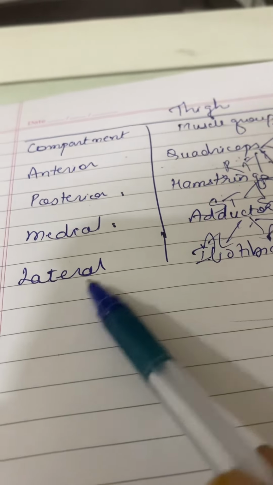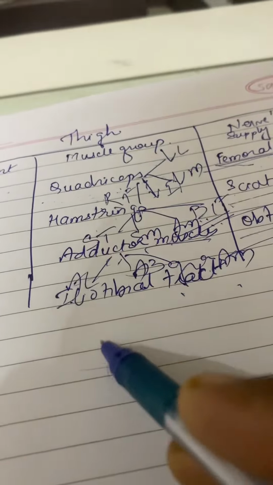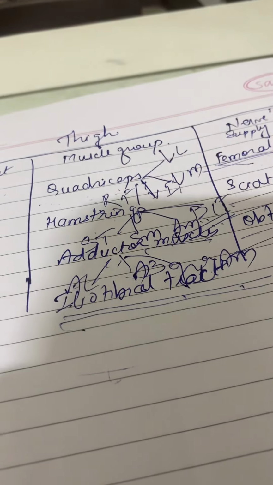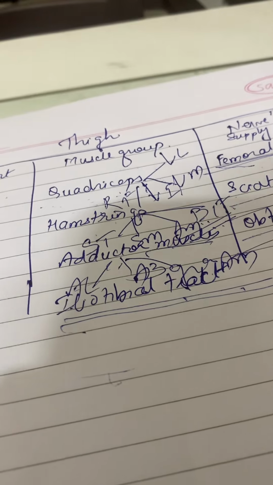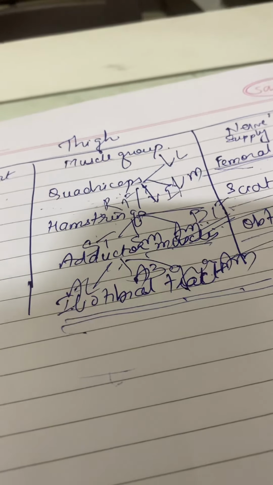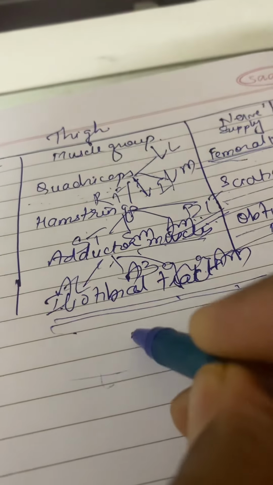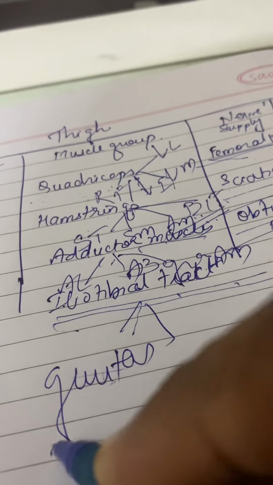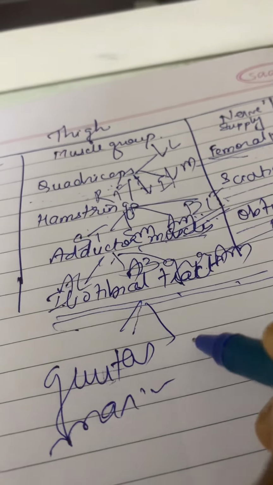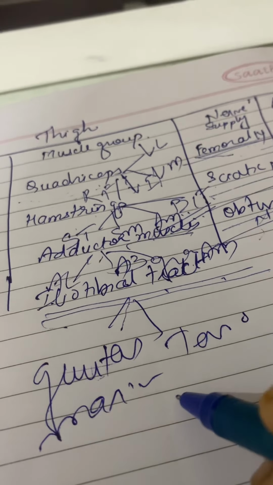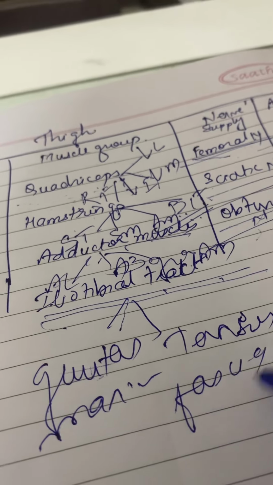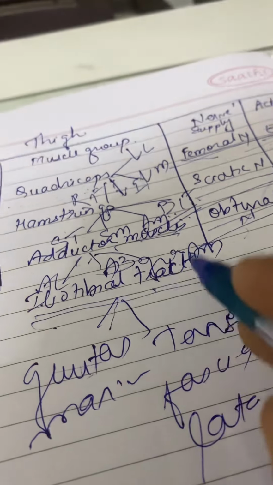Then you have the lateral compartment of the thigh, which has nothing actually. It's just a modification of the deep fascia of the thigh called the iliotibial tract. This is a very important modification which extends from the ilium to the tibia, and two important muscles are inserted here: gluteus maximus and tensor fascia lata.